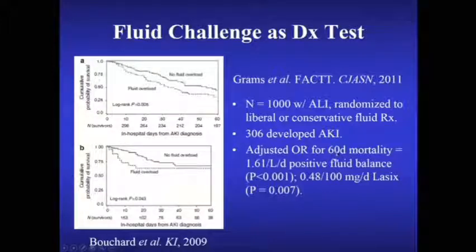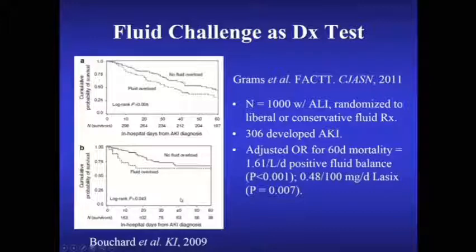And the odds ratio at 60 days was 1.6 per liter per day in positive fluid balance, or another way of saying that is for every 100 milligrams of total dose of Lasix that they received in an effort to keep fluid volume down, that protected the patients by about 50%.